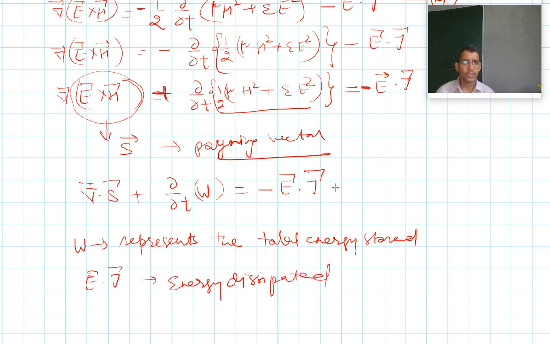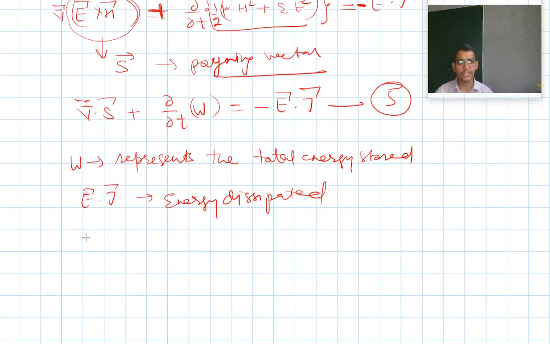So this equation number 5 is known as the Poynting theorem.